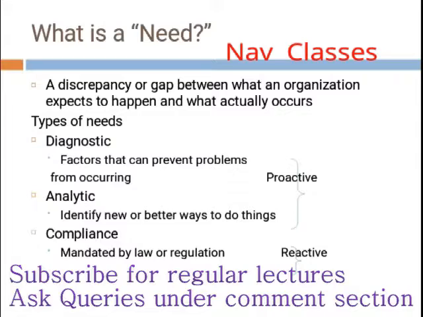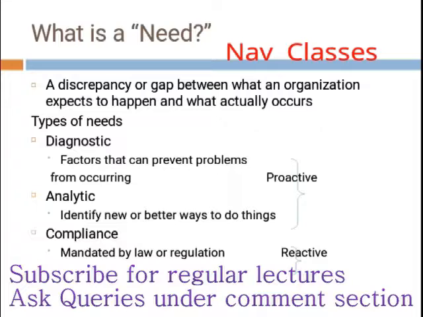On the broader term, there are three types of needs: diagnostic, analytic, compliance. Proactive means those types of needs which the organization thinks it may require to do such a task. If the organization complies with these needs, if the organization does something to acquire such need, then it will benefit the organization in the near future.